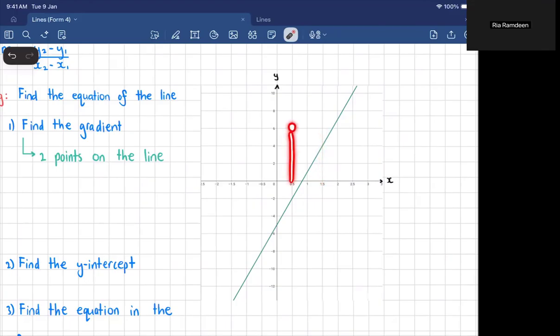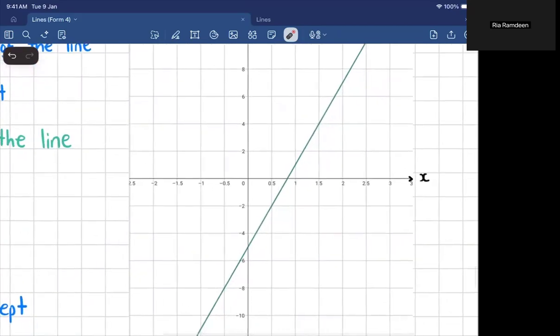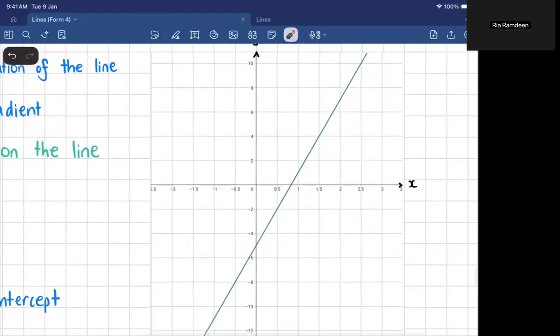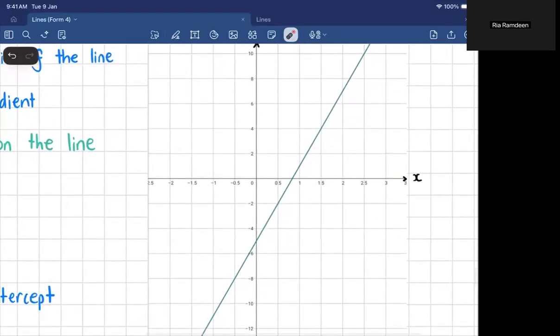I'm not really seeing the numbers properly. So you told me a half and 6. First of all, is that on the line? No. So we can't use that.